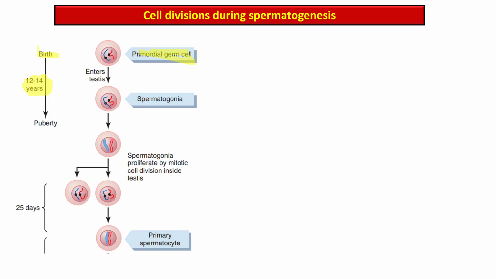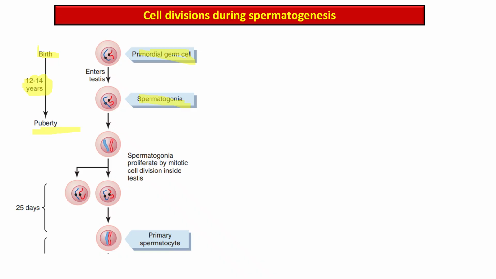So these immature germ cells begin mitotic division after puberty and are converted into spermatogonia, and they proliferate via mitosis on the basal membrane of the seminiferous tubule.